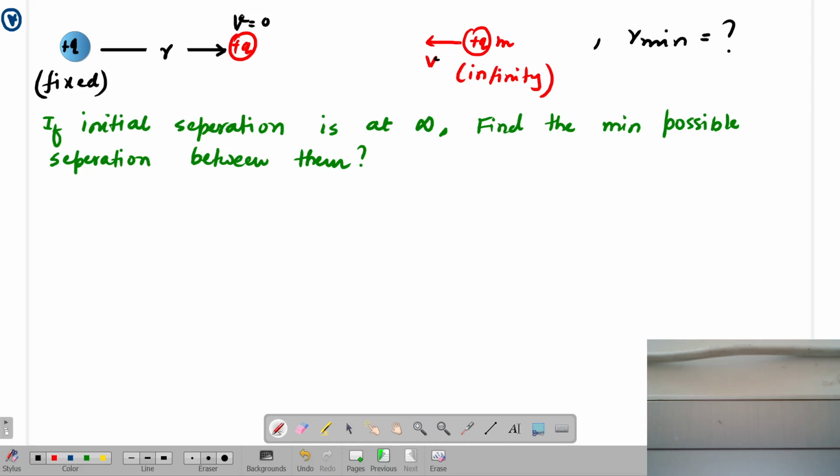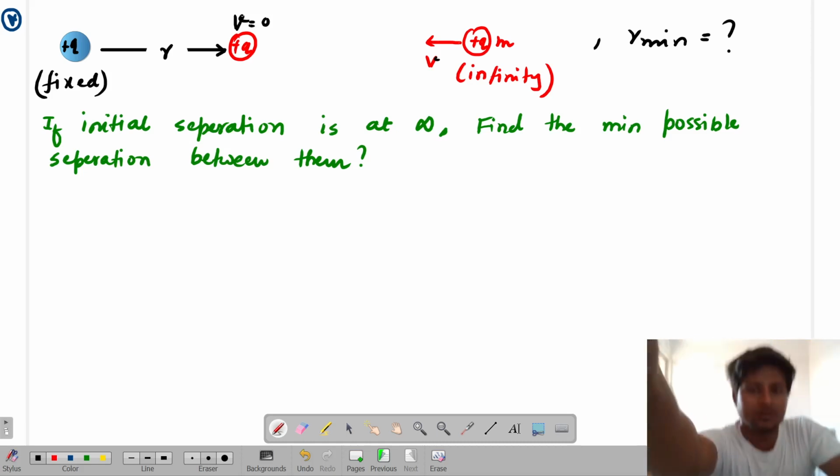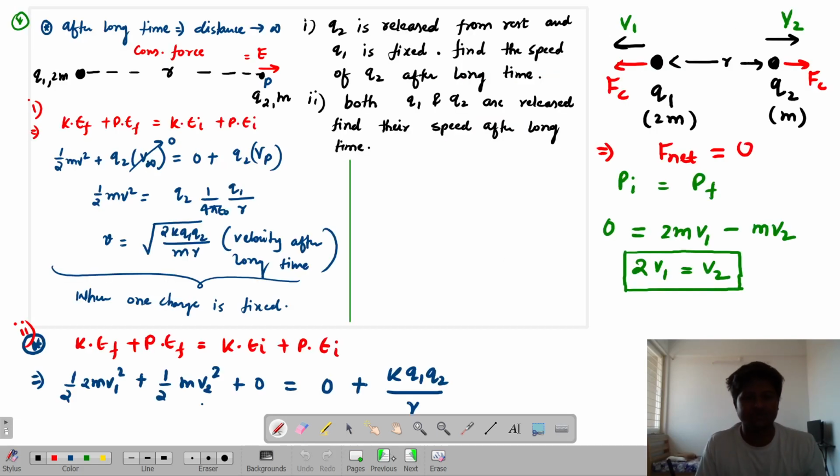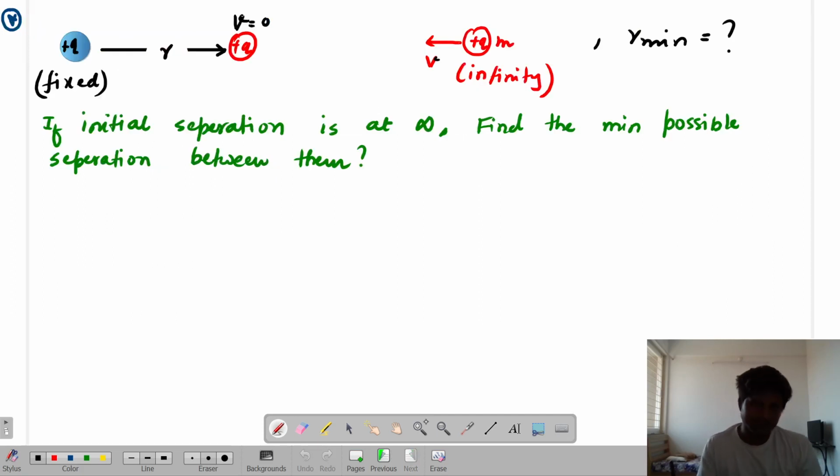Correct, very good. So what did you apply? Energy conservation. Very good. So in these cases you have to apply energy conservation.